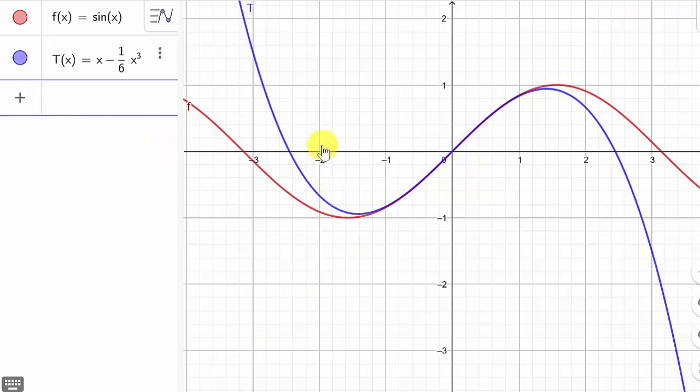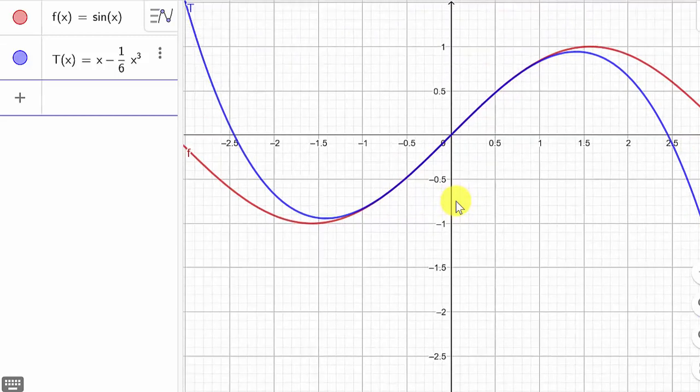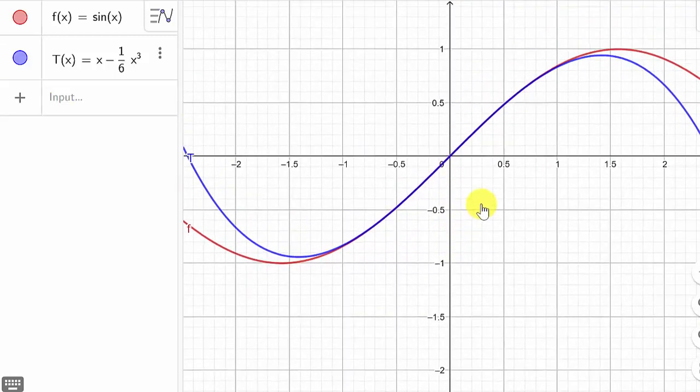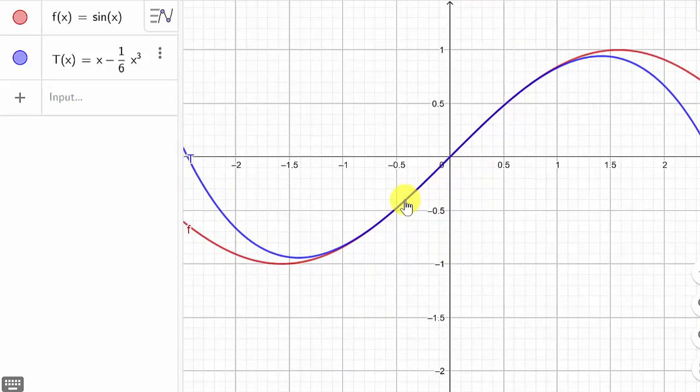And here the blue is our Taylor polynomial, and you can see it looks like it's laying just right on top of it. But notice, the further we get away from where x is equal to 0, the more these graphs separate.